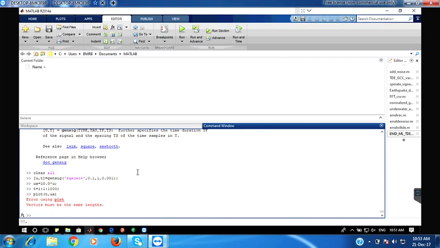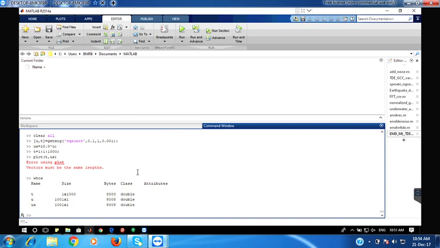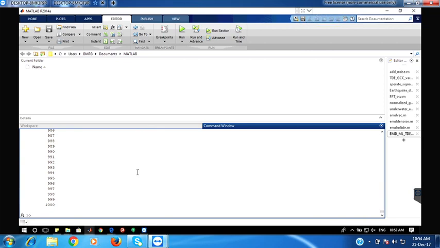Let me debug online. I can generate this. t is equal to t transpose. Plot t and u.